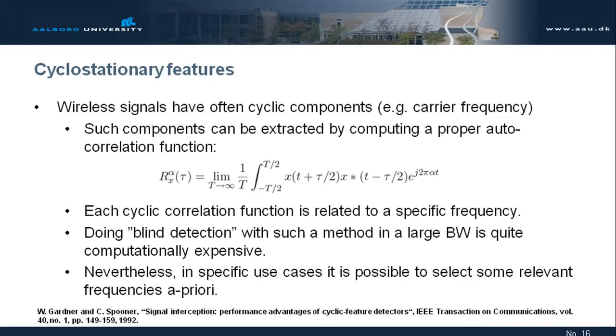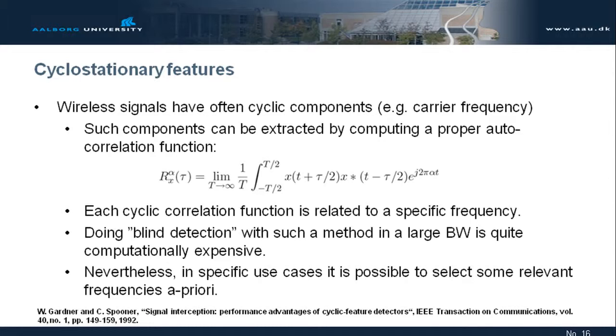The problem is that you do it for each frequency you want to detect. Why? Because when you transmit wireless signals, sometimes, actually often, there are cyclic components. If you take a normal single carrier modulation, the only repeated or cyclic frequency, in the sense that it's always there, is just the carrier.